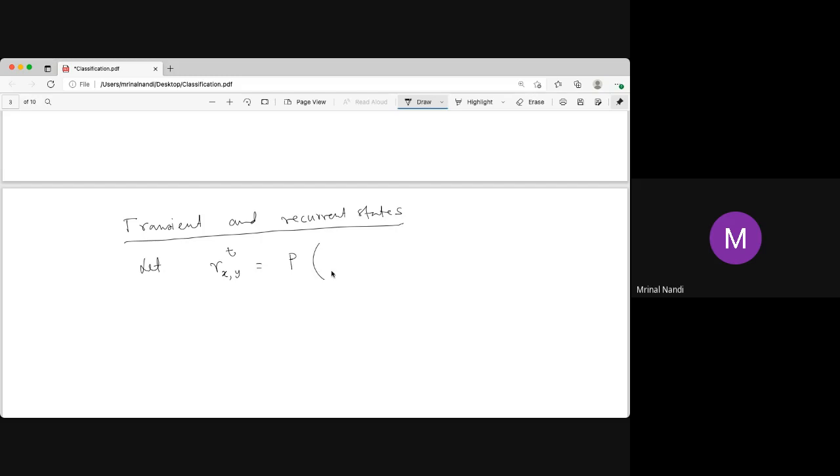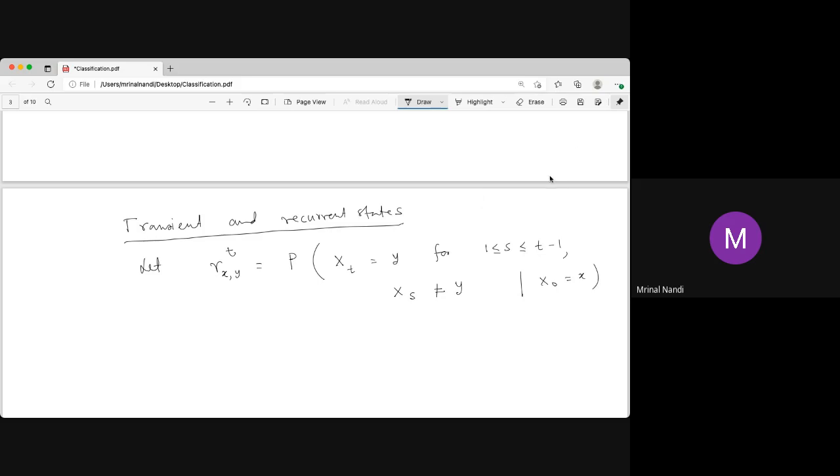It is just the probability that X_t equals y, and X_s is not equal to y for 1 ≤ s ≤ t−1, given X_0 equals x.